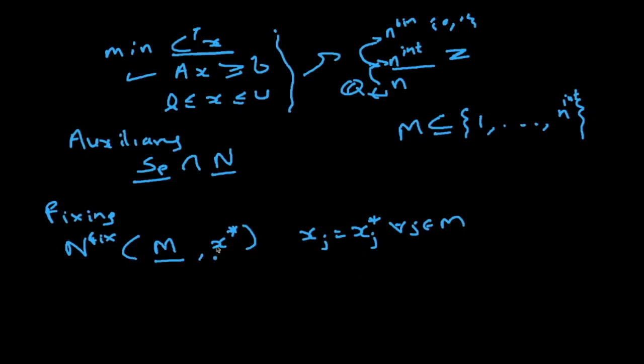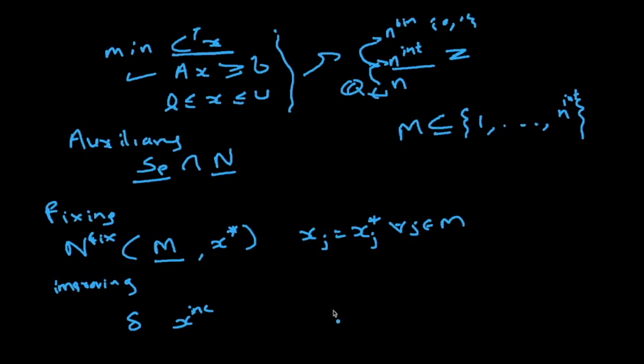Okay, and there is also something called an improvement neighborhood, which is also important. We rarely use it, but I think it is used in some cases. So it goes like this, improving. Let's say we have an incumbent solution x incumbent, and we want to improve it by delta.